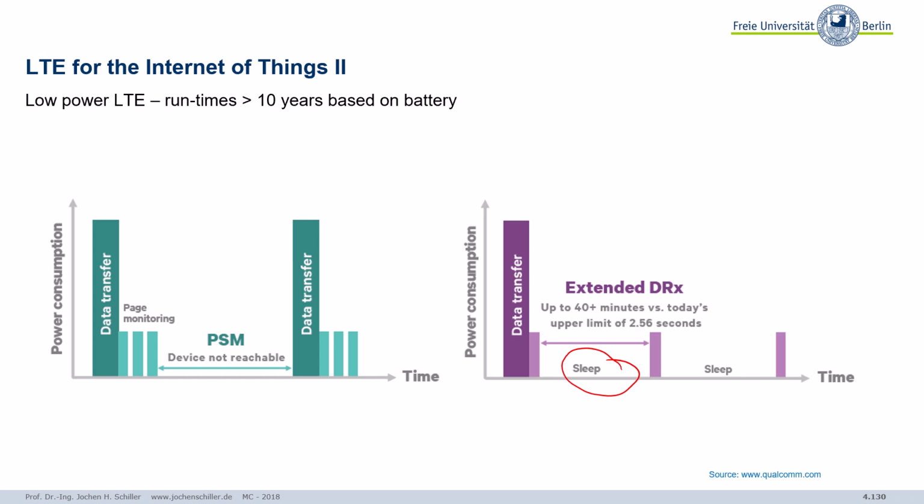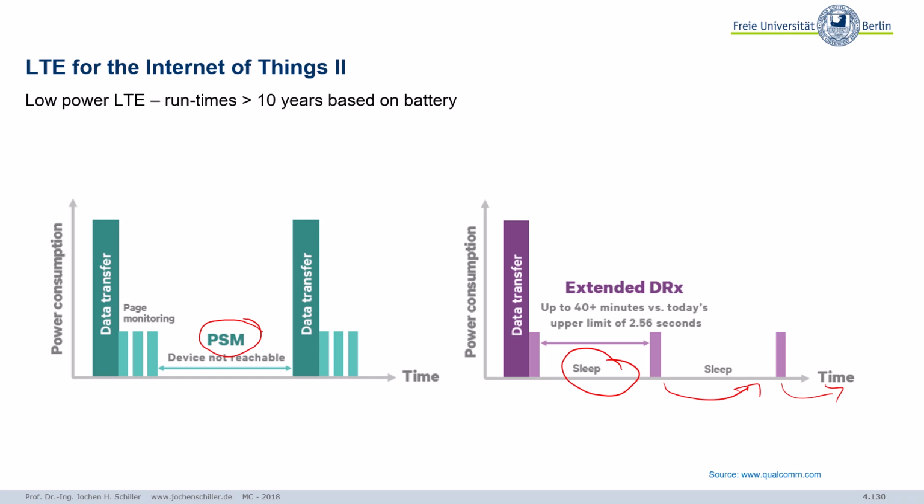You can transfer data and you wake up, let's say, every 40 minutes, just to check if there's data at an access point. So that's quite important. So extended sleep times. And you also need different sleep modes, power sleep modes. Well, then the device is not reachable, but you need certain mechanisms to wake up the device, to monitor if data is available, transfer data, go to sleep again.